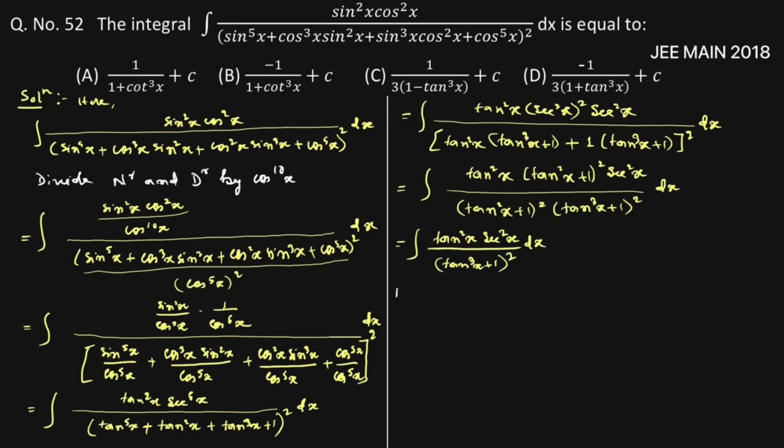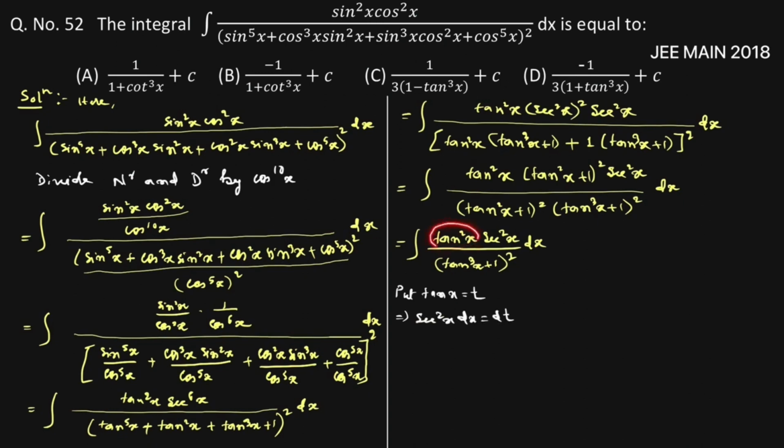Now we put tan x equal to t, then we will get sec square x dx equal to dt.